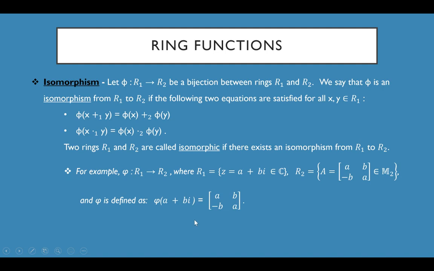We would get the exact same thing if we first took each of the two elements from our complex numbers, created the matrices, and then added. And so that's what we see here. It satisfies these equations for the isomorphism, because addition works whether you do addition from the first ring and then apply your function, or in the opposite order, applying addition from ring 2.